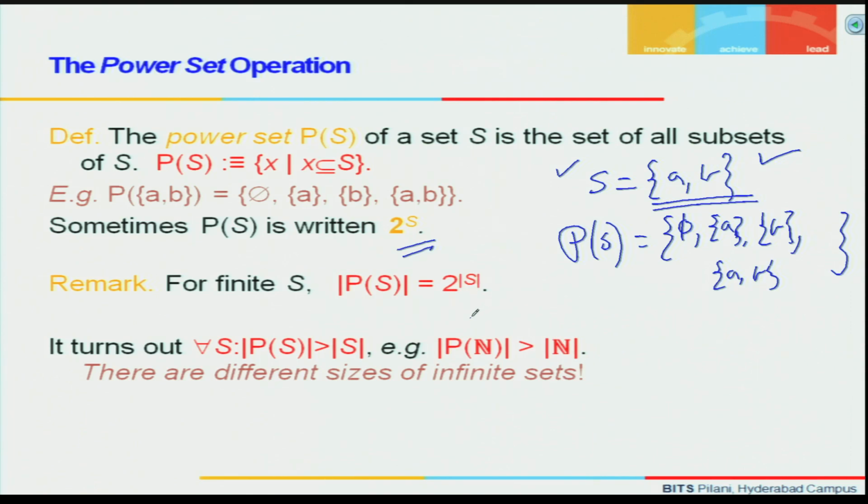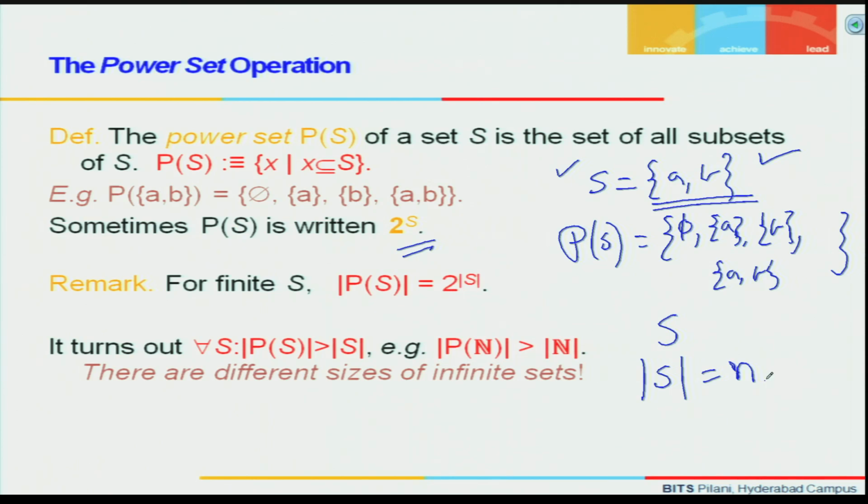And obviously, given a finite set S, say the cardinality of S happens to be a number n, then it is a 10th class problem to find out how many subsets of S will be there. 2 power n subsets are going to be there.